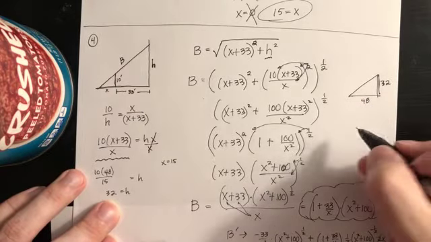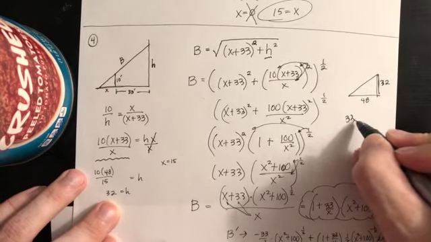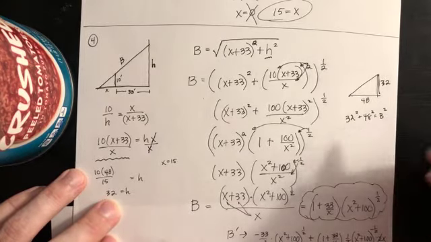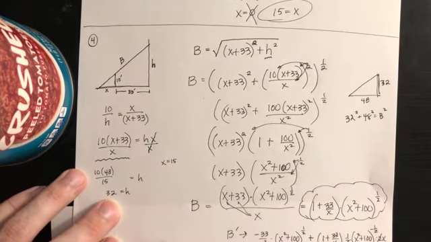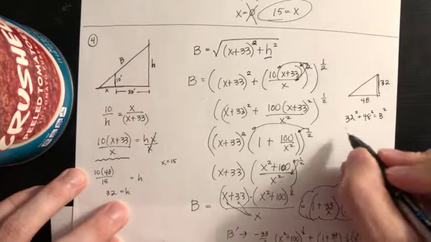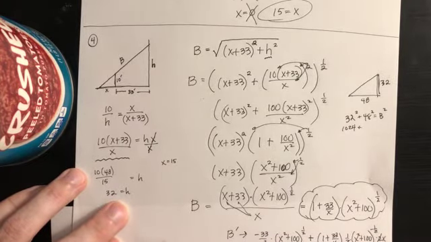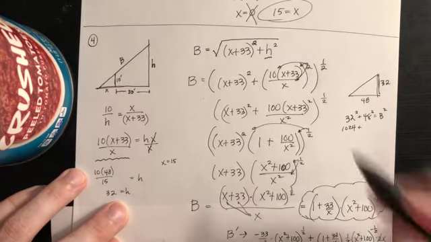So now I can do the Pythagorean theorem, which says 32 squared plus 48 squared is equal to b squared. So let's do that. 32 squared, 1024. And then 48 squared, 2304.